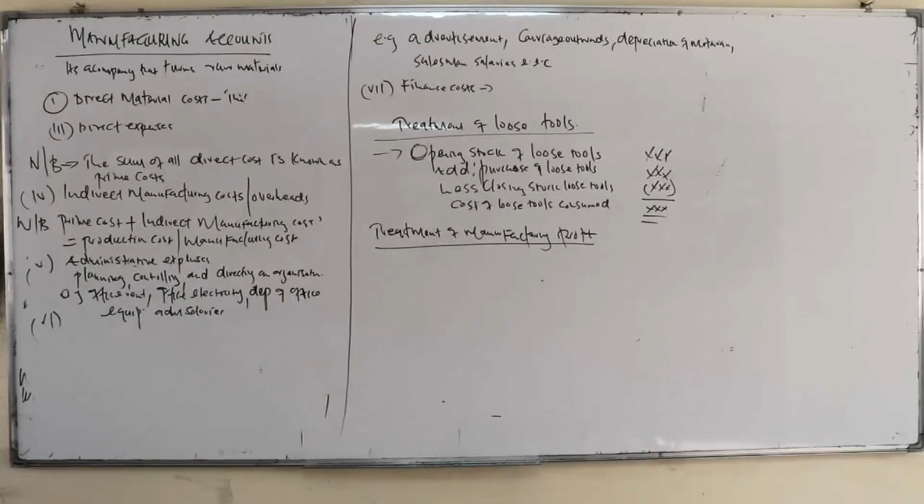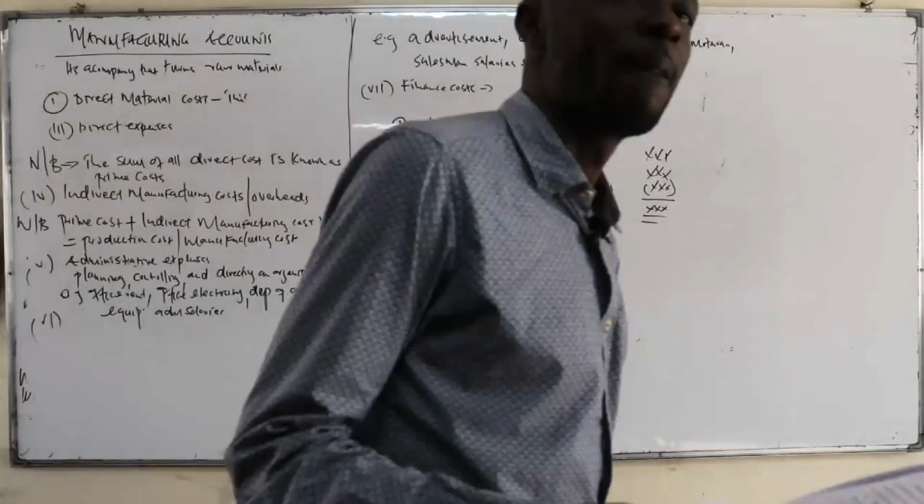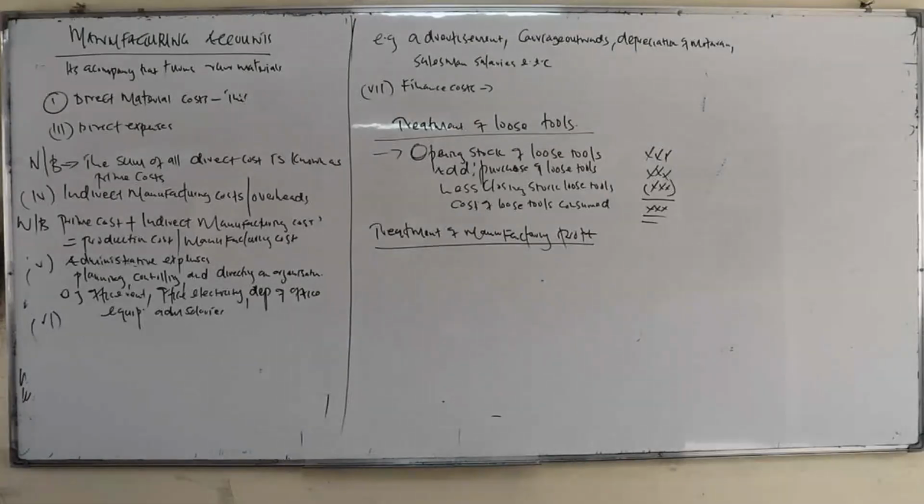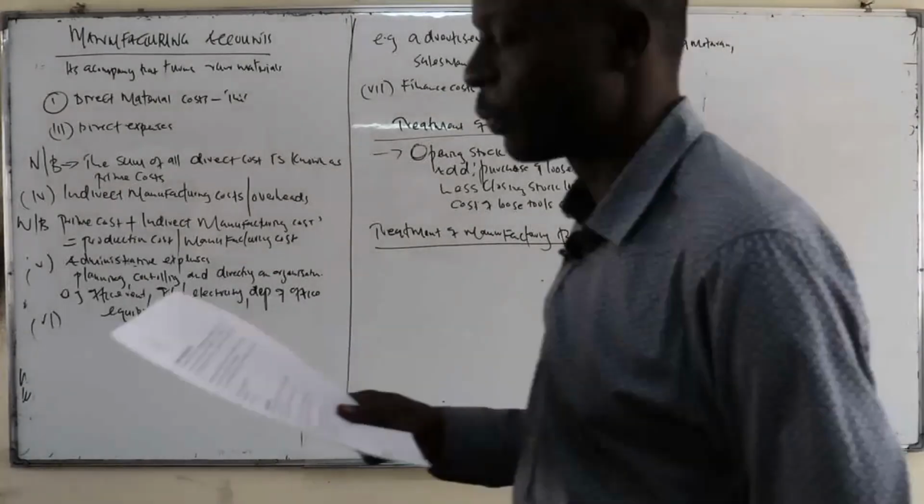So the difference between the market value and the cost of production is the manufacturing profit.